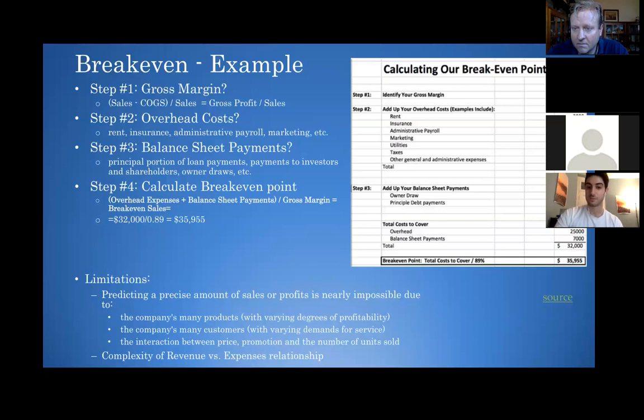You may have different products with different degrees of profitability, and the whole thing becomes very complicated. Demand is uncertain. Let me provide some examples of how predicting the future in terms of breaking even is difficult.